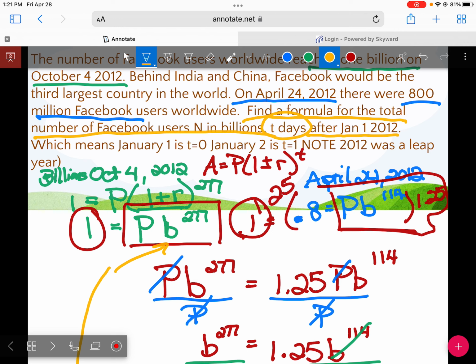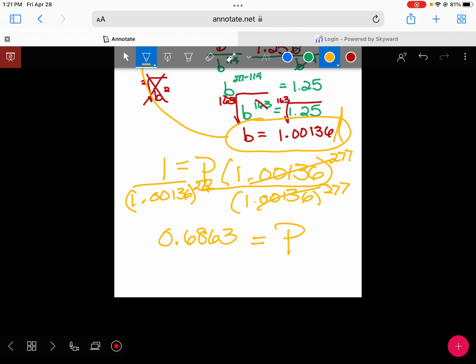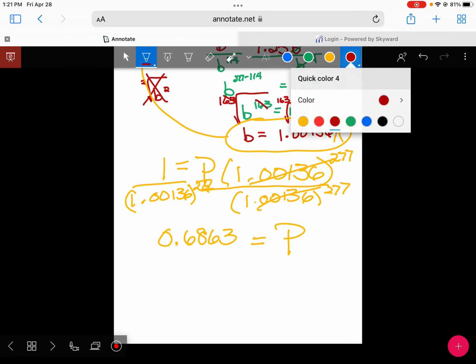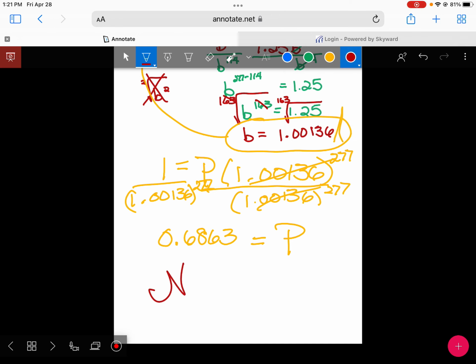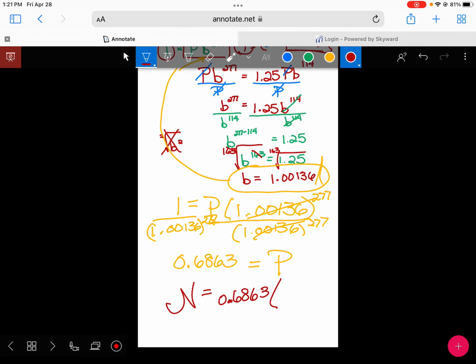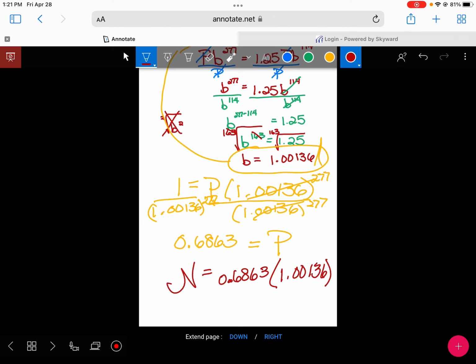Find a formula for the total number of Facebook users in T days. So we just need to substitute what we have found. So this works for any number of days. N is equal to P, which is 0.6863, times B, which is 1.00136, to the T power.